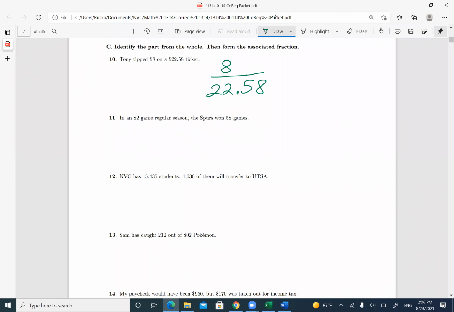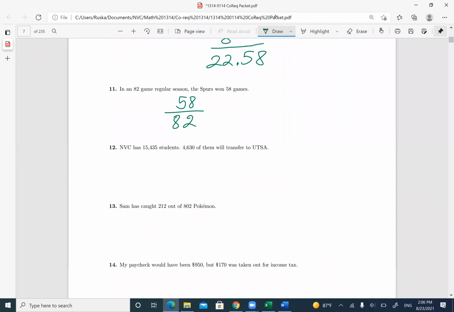Yes. So the part is the games the Spurs won, 58 out of 82 games. And that's the fraction. Good job. What is the next one?